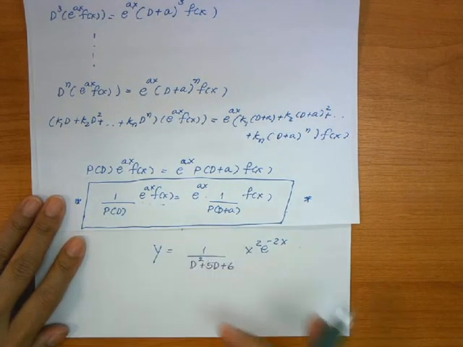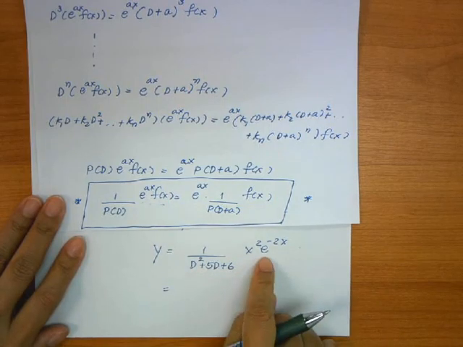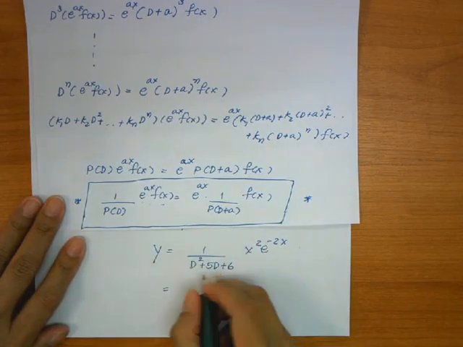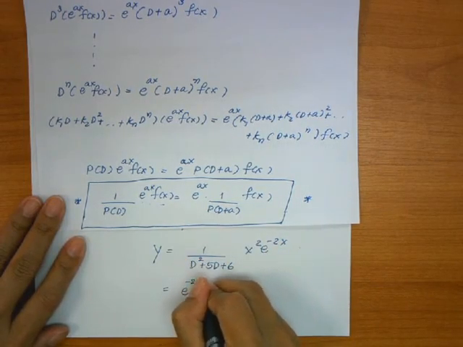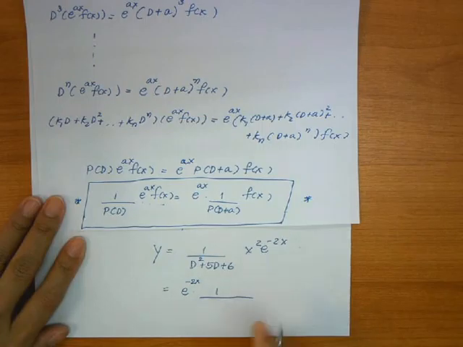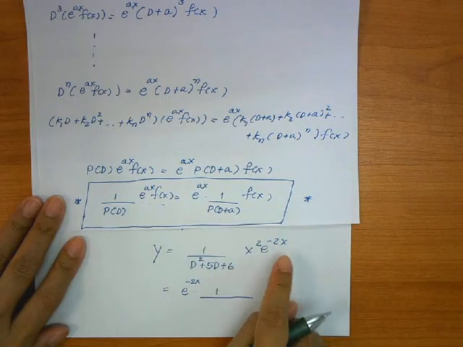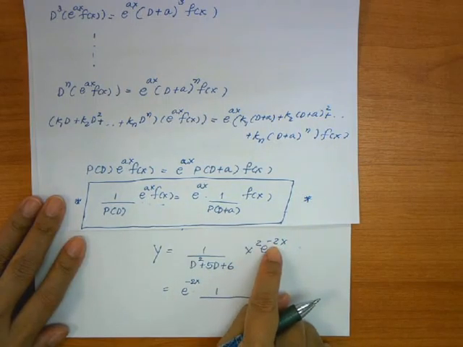Okay, we do that. We are going to take that exponential of minus 2x out of our PD, of course you can do it. But inside here, your D got to be replaced by what? D plus a. Now your a is equal to minus 2.